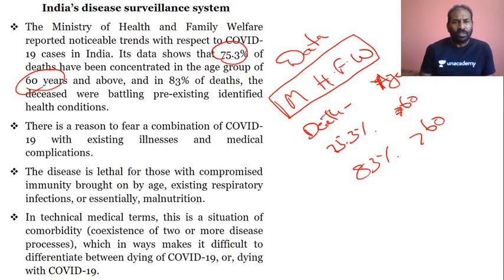Fine. So for those greater than 60 years, the death or mortality rate is 83 percent. Definitely the data shown by the Ministry of Health and Family Welfare is very concerning in regard to the age group. So there is a necessity that India's disease surveillance system has to change.